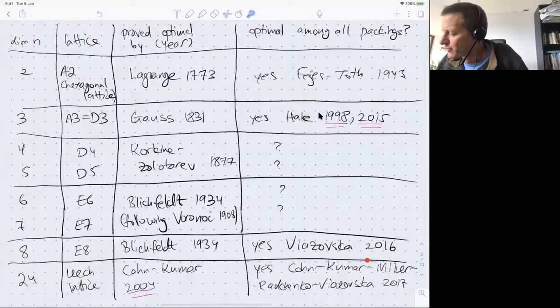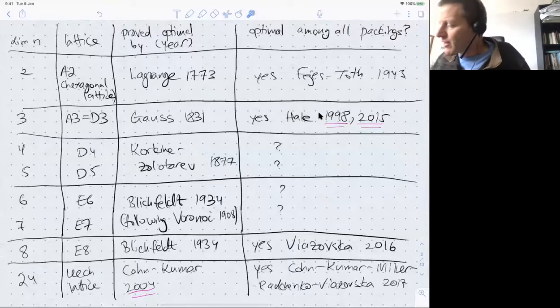This work of Viazovska and co-authors, including the two, you see that these are the same co-authors, doesn't make this work redundant. It builds on this work. So you need to know that the Leech lattice is the optimal lattice packing in order to apply the technique of Viazovska, okay? So this result, even though it's not computer assisted, relies on the truth of this earlier result.